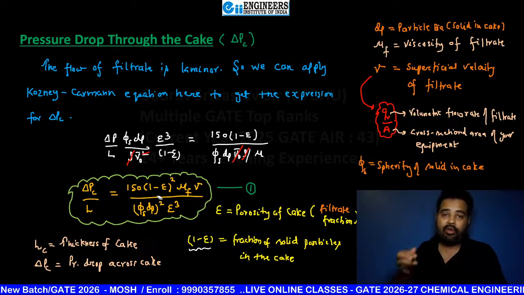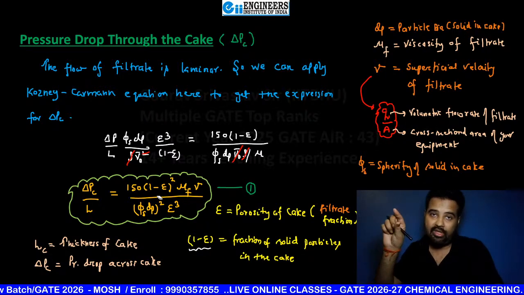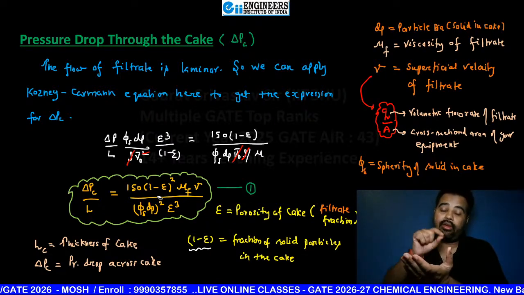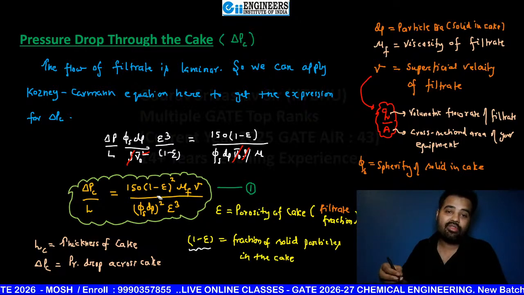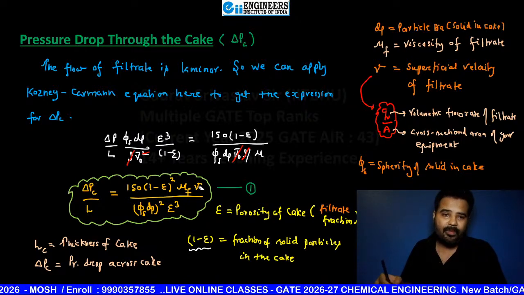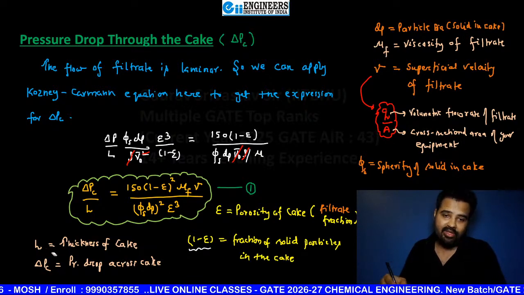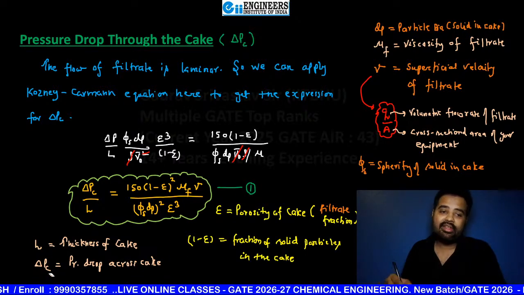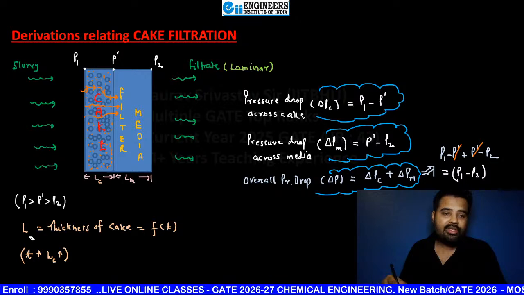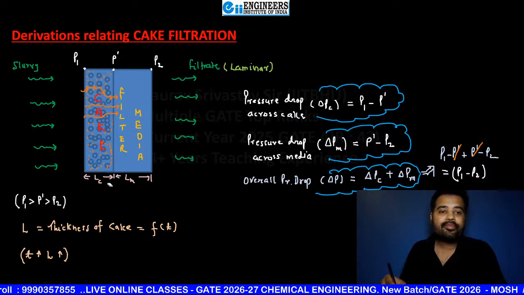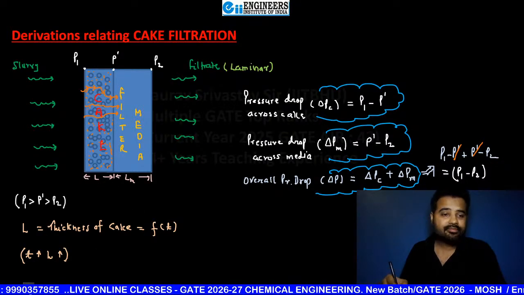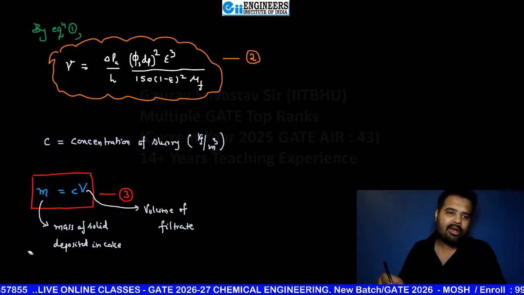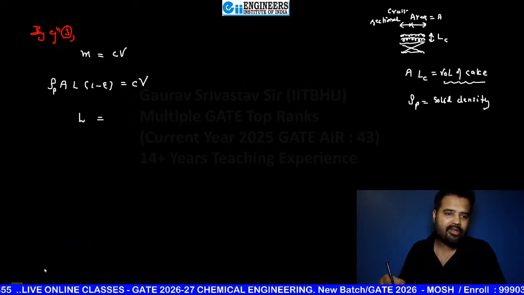If you write L and put C in front of it, then while revising your notes maybe you will read it as length into concentration. That's why I'm not writing C here. I'm just representing the cake thickness as L. I hope each and every student is crystal clear. If you have already written it well, you can still leave it like LC. There is no such problem.